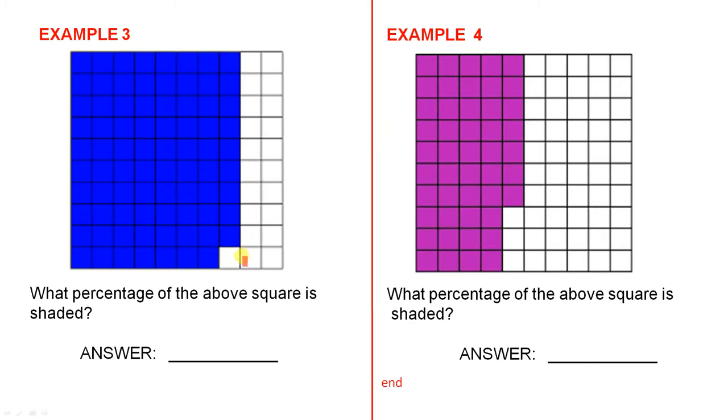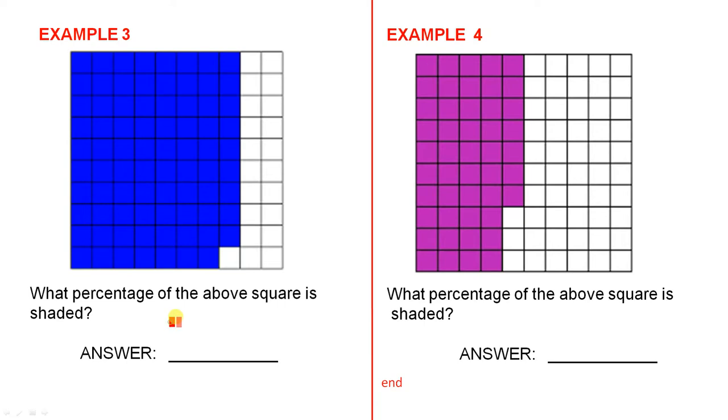Example 3. What percentage of the above square is shaded? Again, it is a 10 by 10 square. Let's do some counting. We'll count the columns. 10, 20, 30, 40, 50, 60, 70, 71, 72, 73, 74, 75, 76, 77, 78, 79.